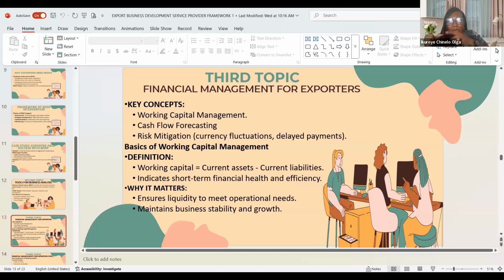You put a margin in case there are issues of delayed payment or currency fluctuation. You can fit into the margin and then increase your price when you send. You can't leave a gap, waiting for the other party to say, because of currency fluctuation, I cannot send this product. He will move on to the next person who is ready for him. So we should all think of all that in our business.